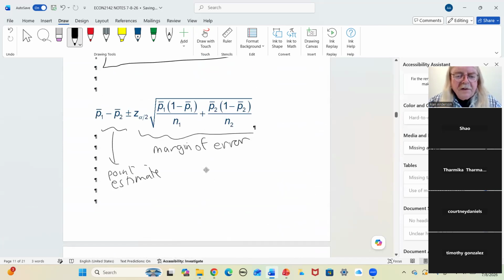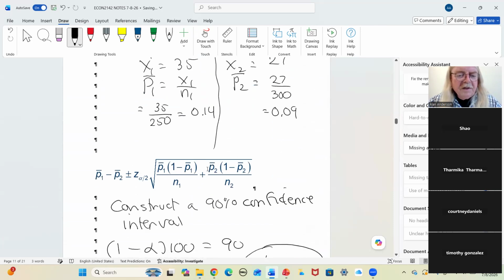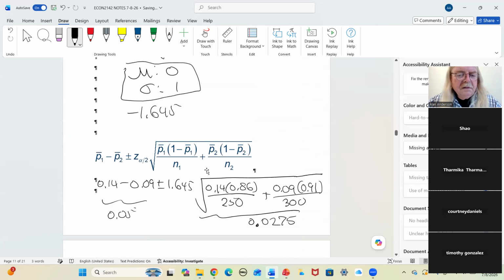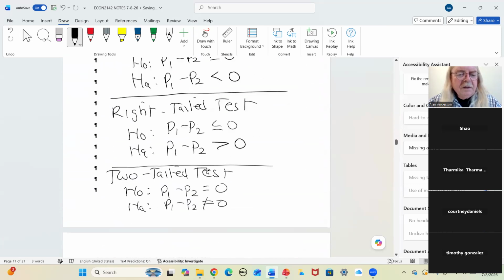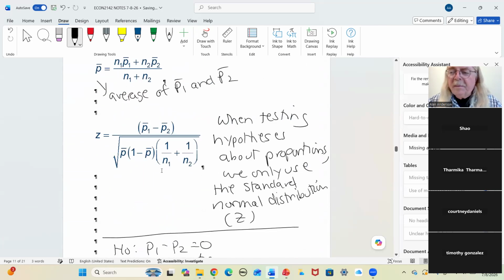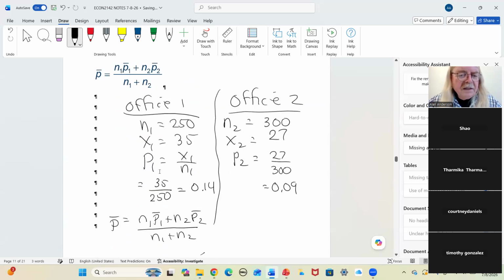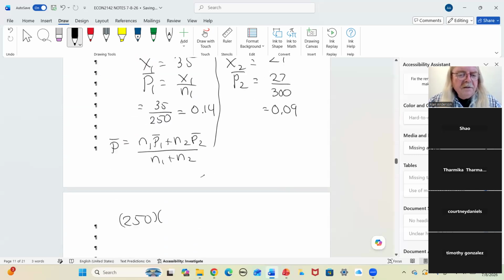I don't know if I forgot to put them in, but there's supposed to be bars over there. Anyway, without the bar, it's a population measure, which we don't obviously observe. So yeah, same thing here. These are supposed to be bars. All right, so now we can do this.